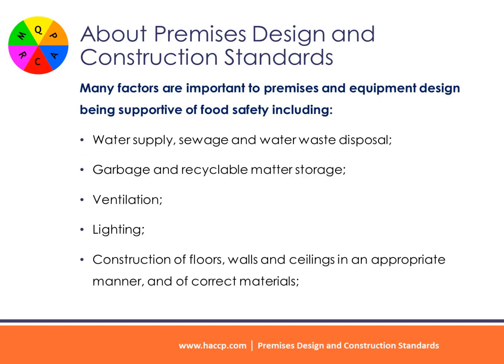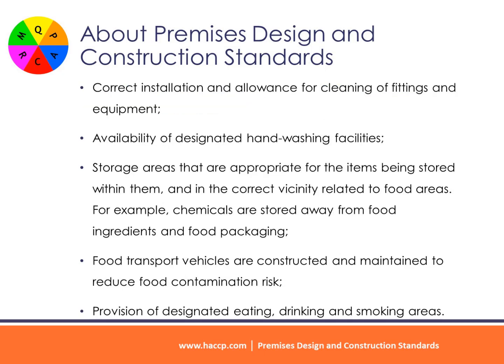Many factors are important to premises and equipment design being supportive of food safety, including water supply, sewage and waste disposal, garbage and recyclable matter storage, ventilation, lighting, construction of floors, walls and ceilings in an appropriate manner and of correct materials. Correct installation and allowance for cleaning of fittings and equipment.